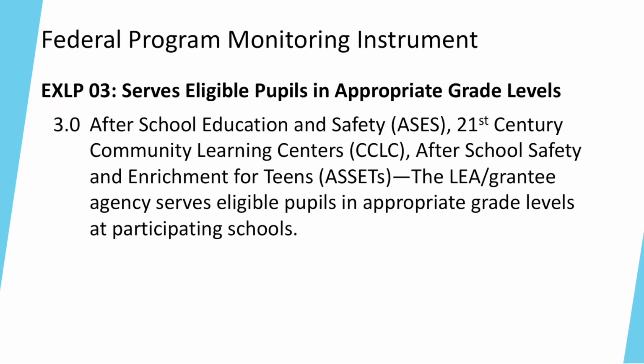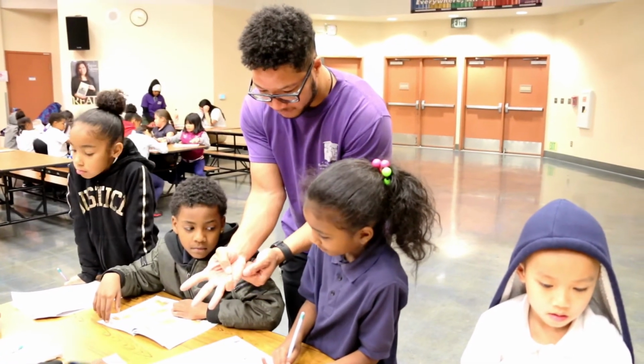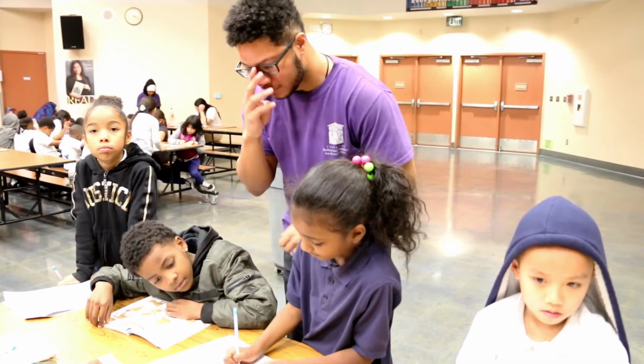The EXLP FPM instrument contains 20 items to review, for all programs that address the 3 EXLP funding sources that CDE administers: the After-School Safety and Education, ASES program, 21st Century Community Learning Centers, CCLC program, and the After-School Safety and Enrichment for Teens, ASSETS program. Some items apply to all 3 program funding sources, while others apply to specific program funding sources.